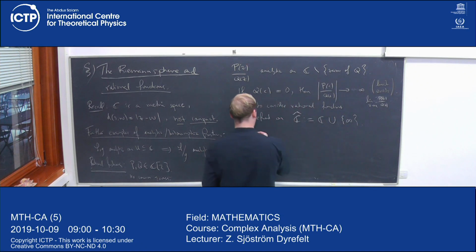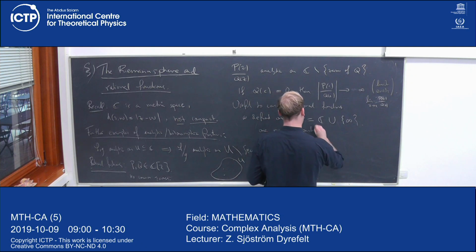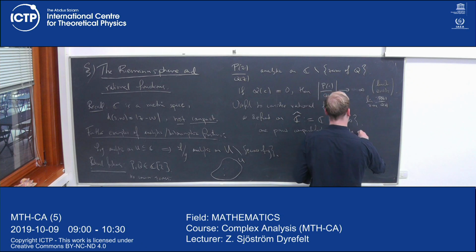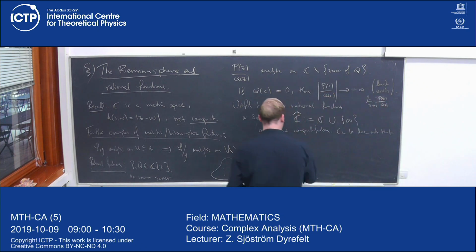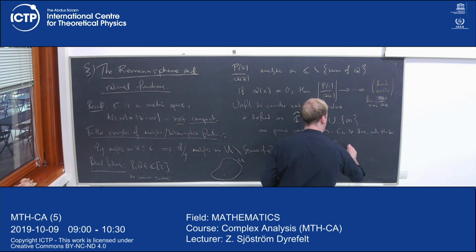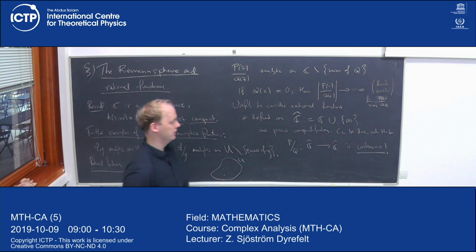This can be done so that it is continuous. So this is the one-point compactification. It can be done such that this extension P over Q from C hat to C hat is continuous. Okay, and this is important.